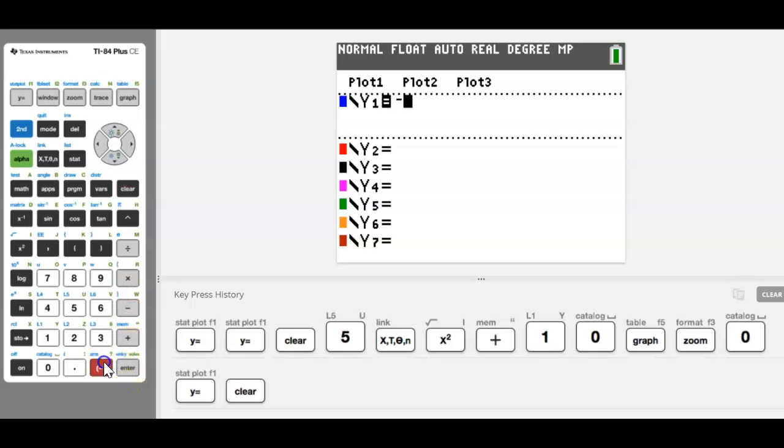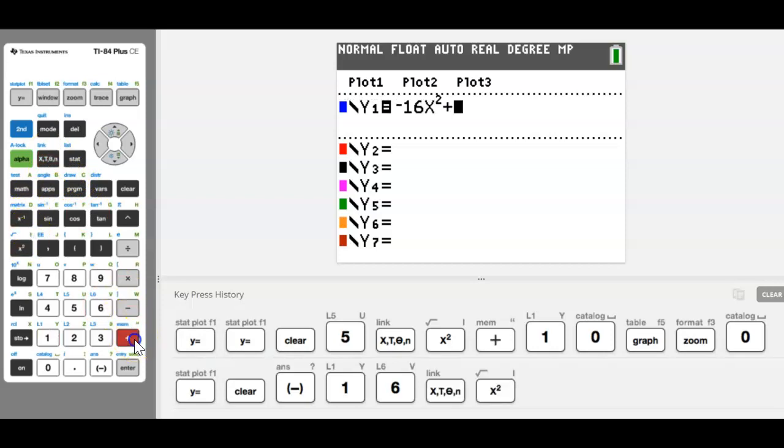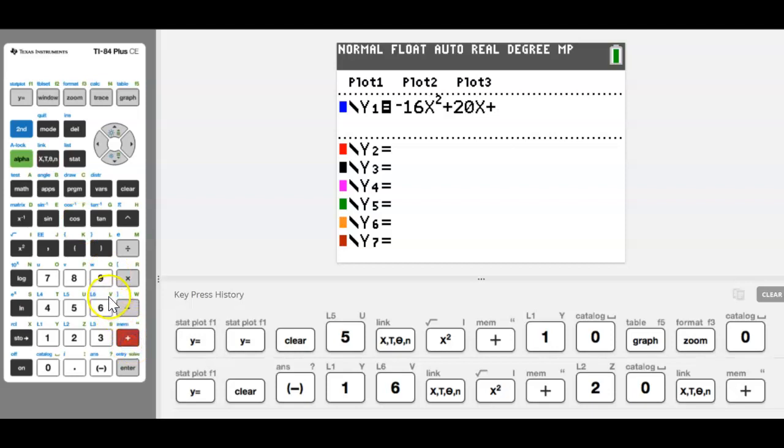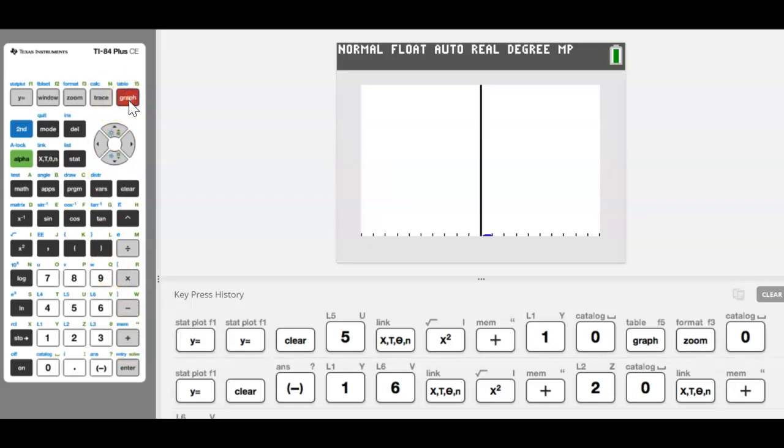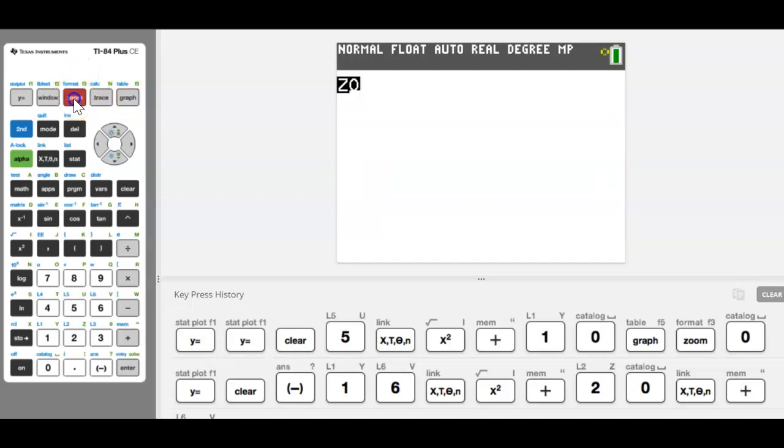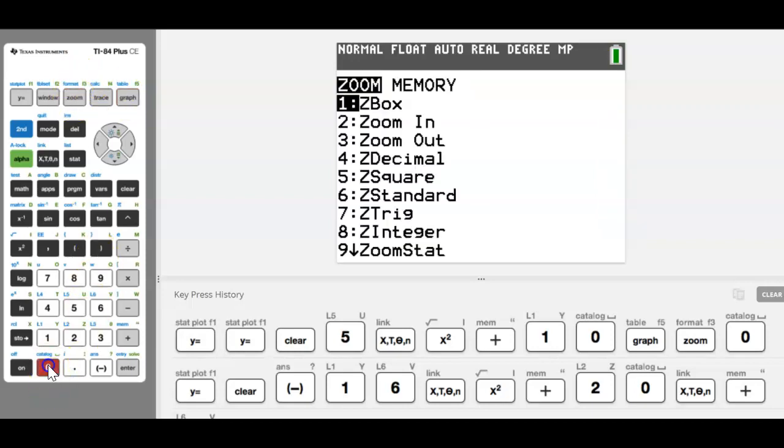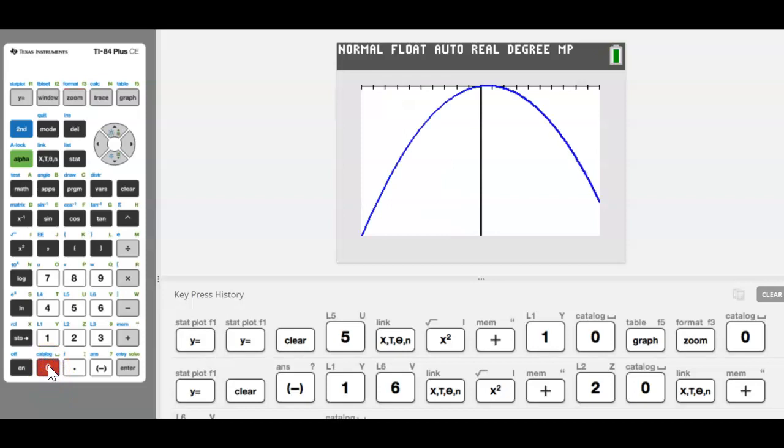We're going to replace the t's with x's, so negative 16x squared plus 20x plus 6, and we'll look at the graph. I'm going to do zoom 0 to fit the graph to the screen. Okay, so our graph looks like this.